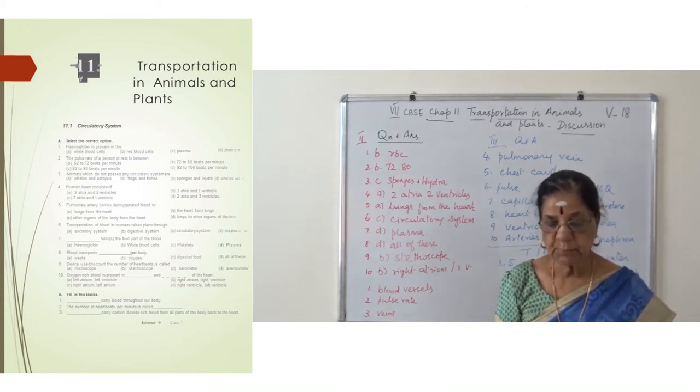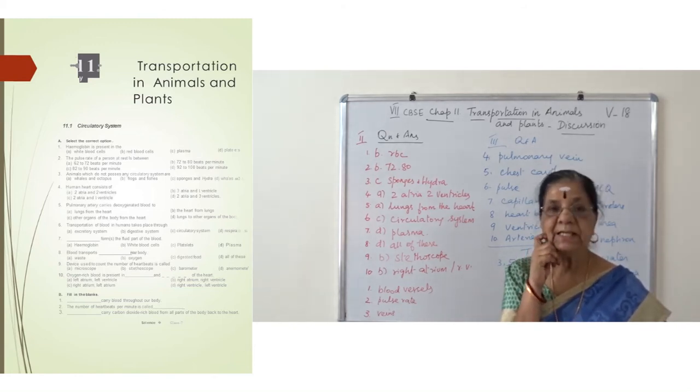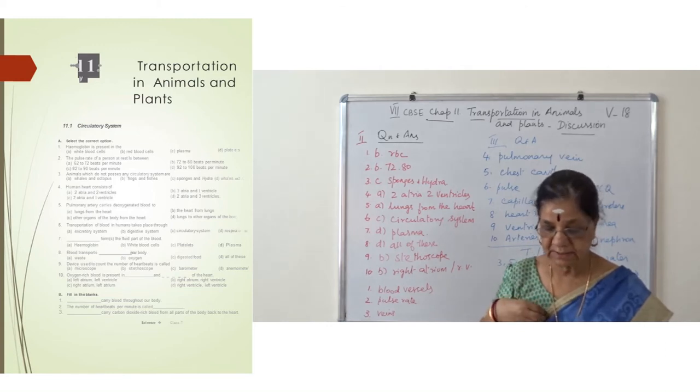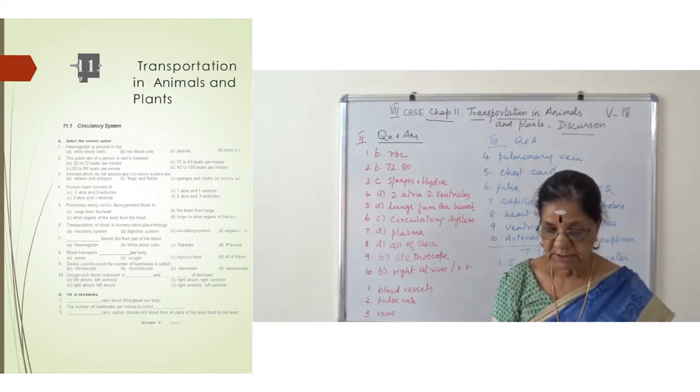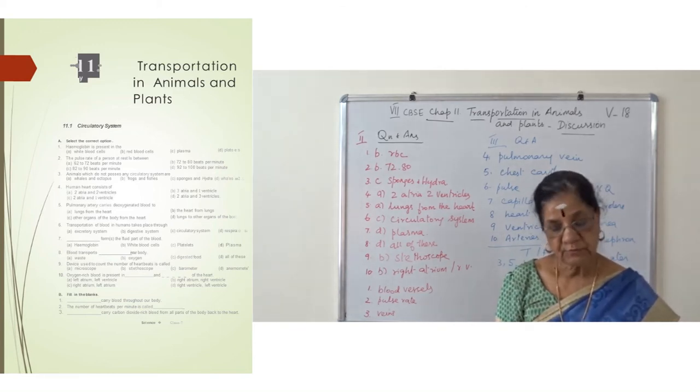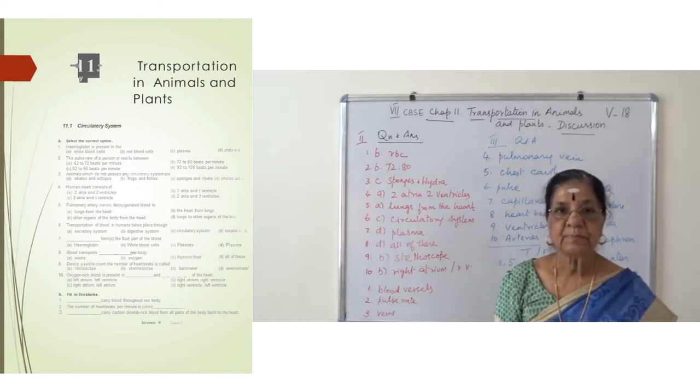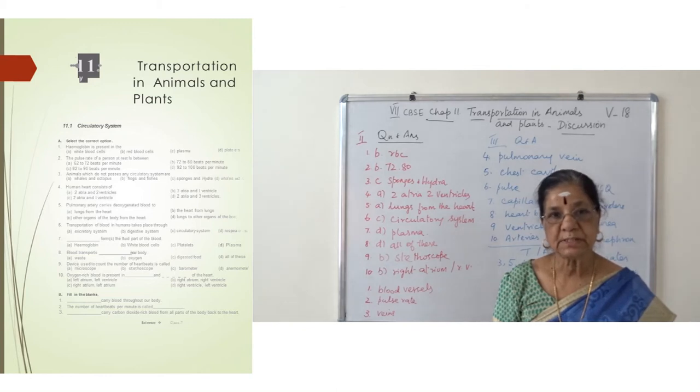Then third one, animals which do not possess any circulatory system: whales and octopus, frog and fishes, sponges and hydra. Whale is a mammal. Frog and fishes, they are vertebrates.